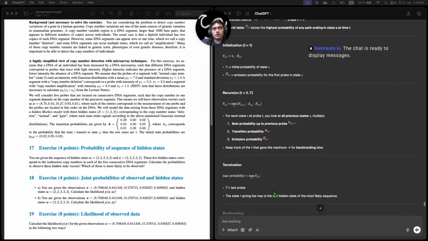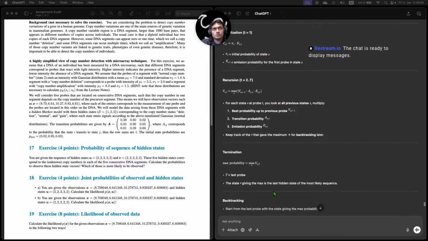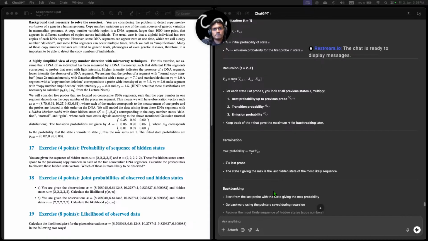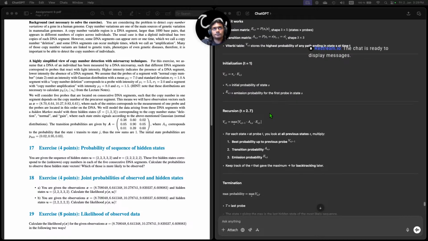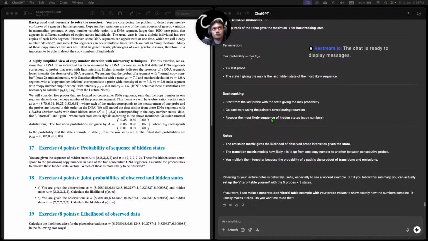Termination: max probability. If you follow along, you can set up a Viterbi table yourself with the 5 probes by 3 states.